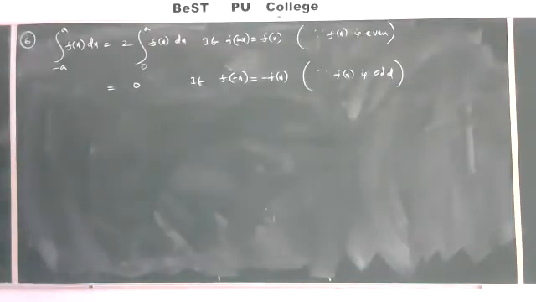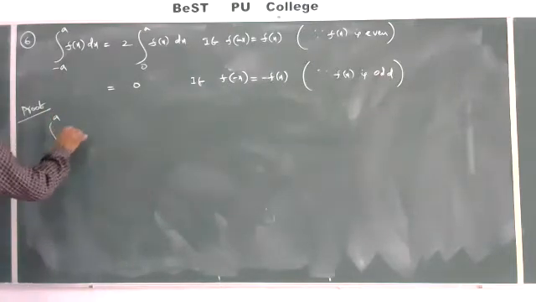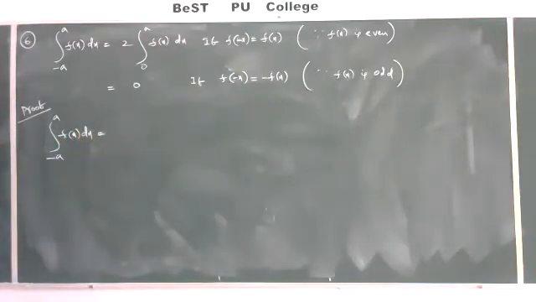Yes, proof. First, you take integral minus a to a f of x dx. In between minus a to a on the number line there is a 0.